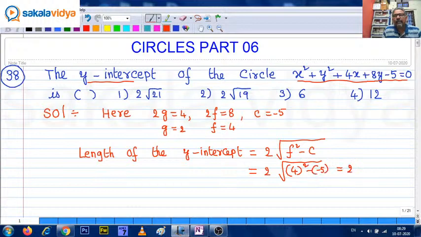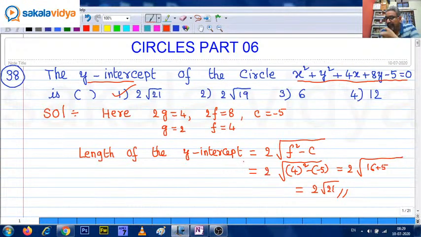This will be 2 times root of 16 plus 5, which equals 2 times root of 21. That means the first option is the right option. F square minus bc is for a pair of straight lines. Yes, option 1 is the right option.